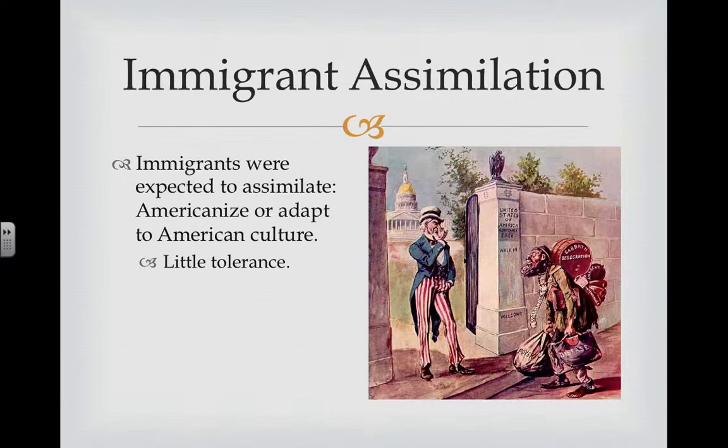In this time, people expected immigrants to assimilate. They wanted them to Americanize or to adapt to American culture. There was little tolerance for a lack of assimilation, and so people became extremely aggravated by immigrants for not assimilating.